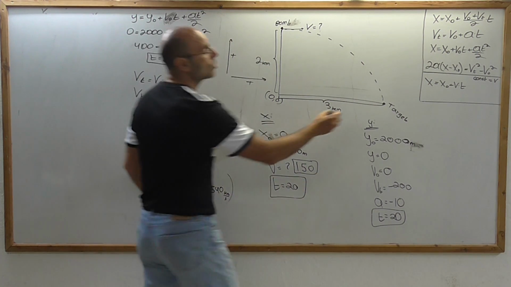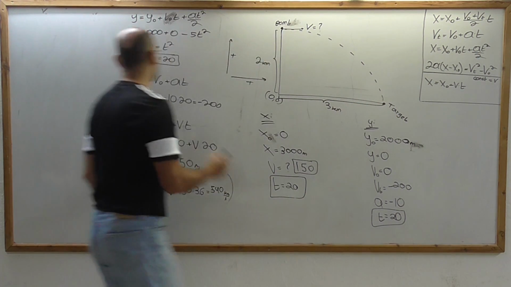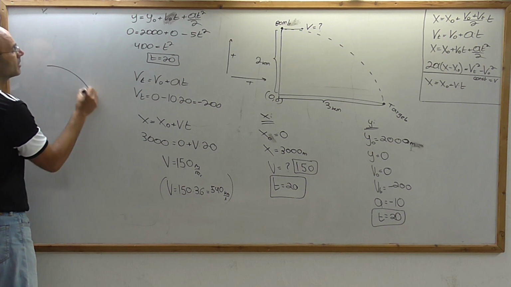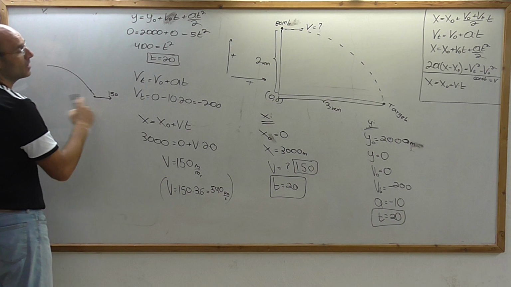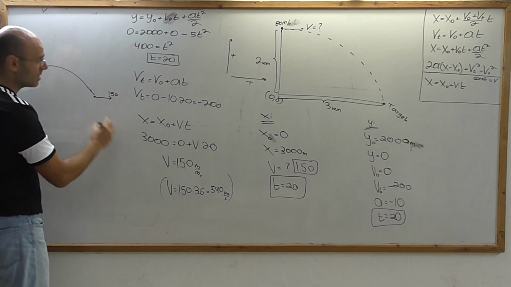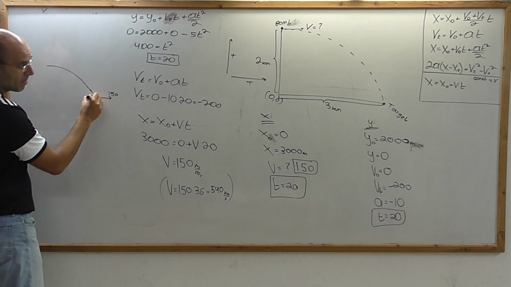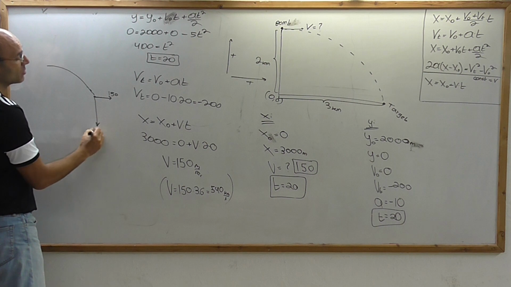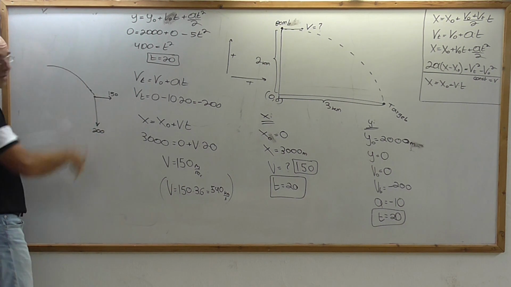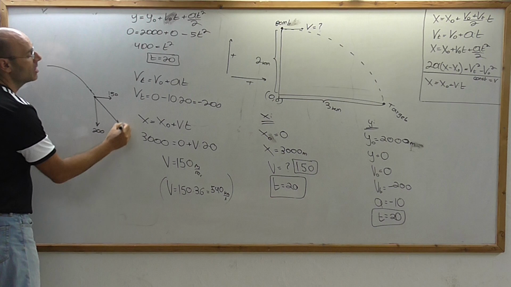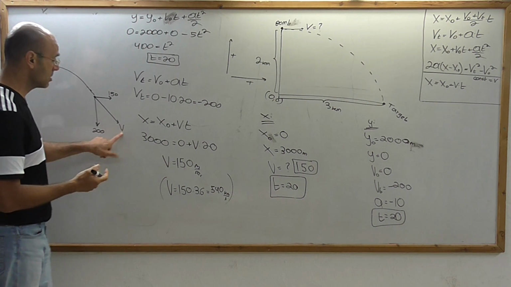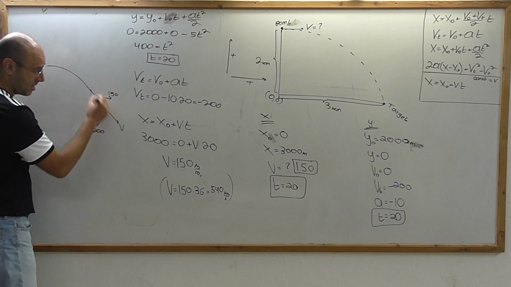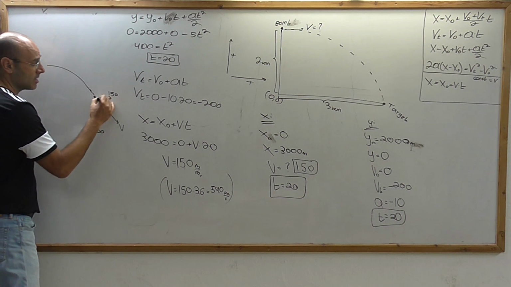Okay, I want to know at what angle it reaches the target. So when it reaches the target, it has 150 velocity in the x-axis. We found that it has minus 200, which is 200 velocity in this direction. So the resultant velocity will be in this magnitude with this angle.